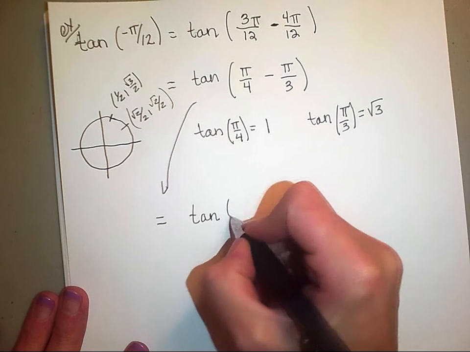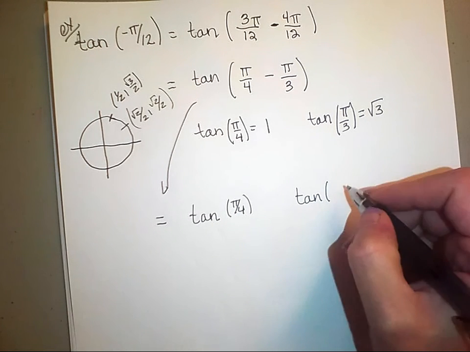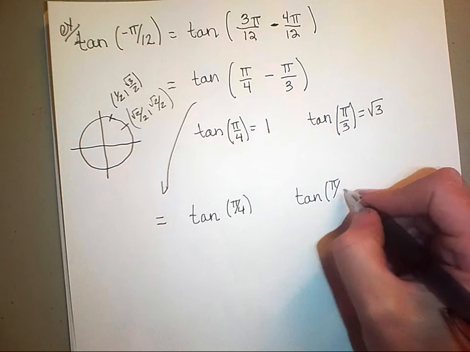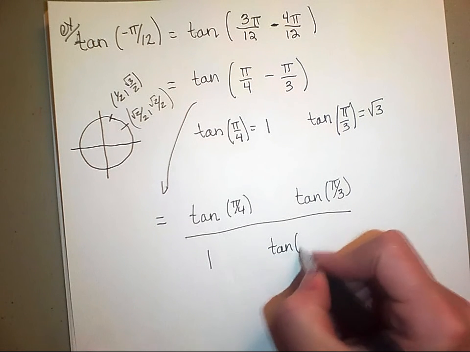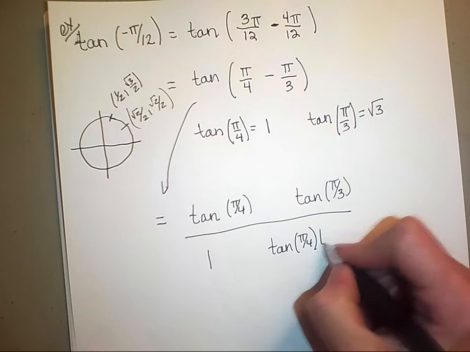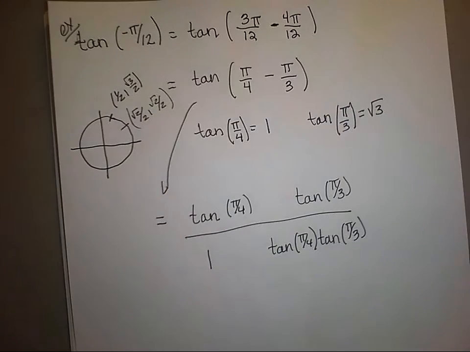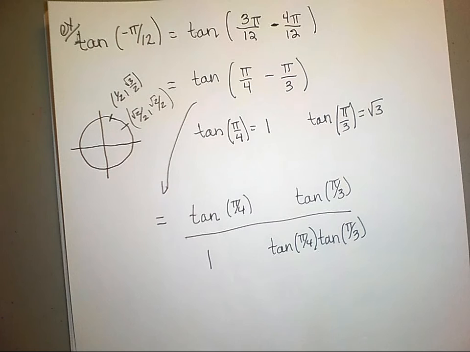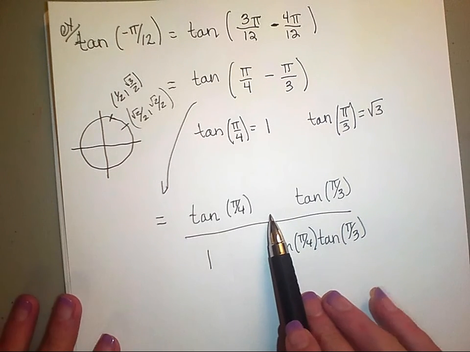Okay, so now we know our formula. We'll have to take the tangent of alpha, the tangent of beta, over 1 and their product, and then we just have to ask ourselves, which is it? Is it the plus or the minus that goes here?